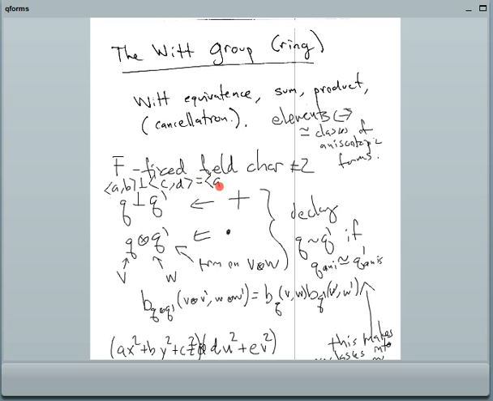When you add things, that's just the same as concatenating. And what gives you negatives is the observation that if you have a form and you stick a minus in front of that same element, in other words, if you look at the form A, minus A, you can always show that that's the hyperbolic plane.